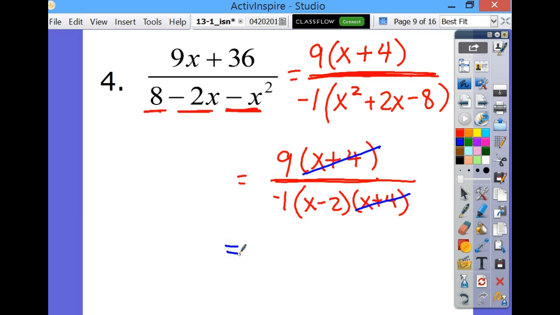What's left? 9 on top. The -1 usually comes out in front as a negative sign. That would be the usual way to write that answer. Questions?